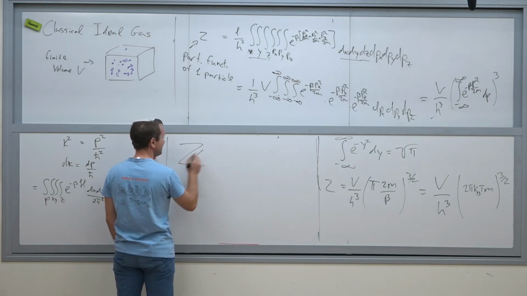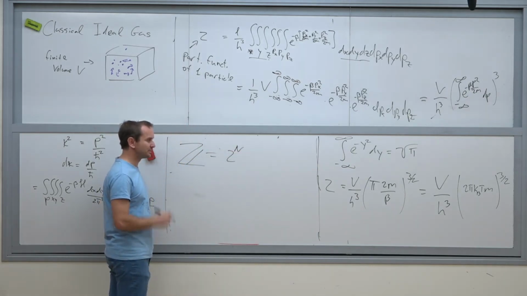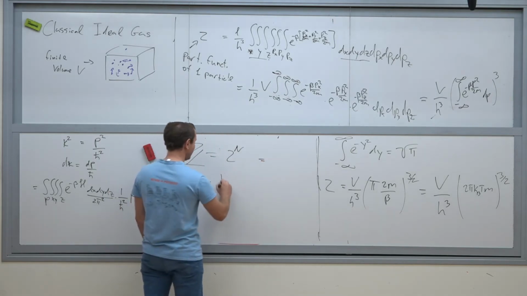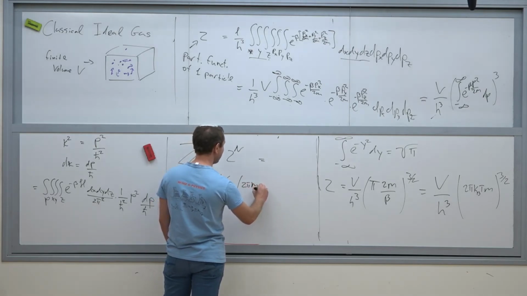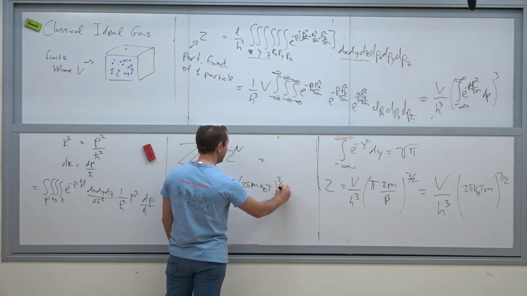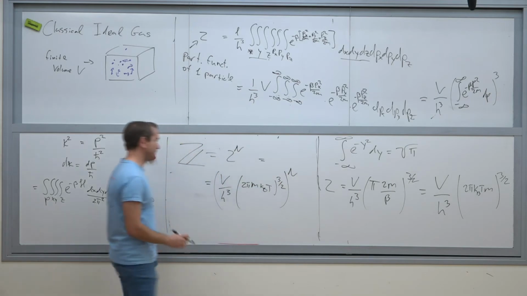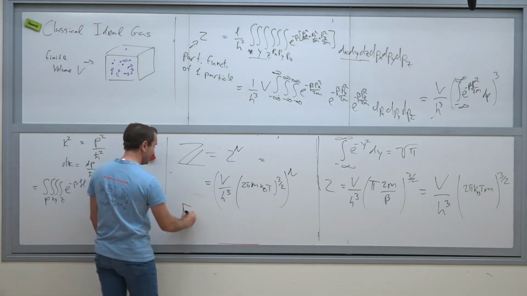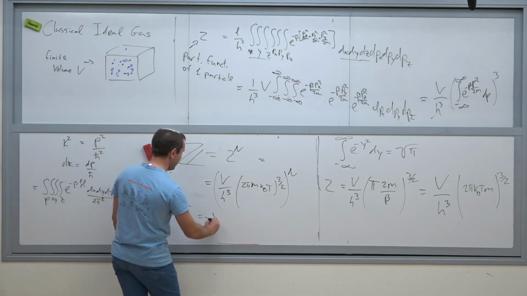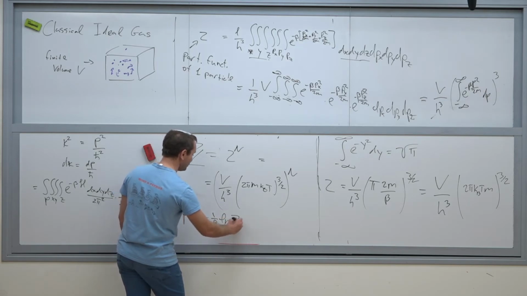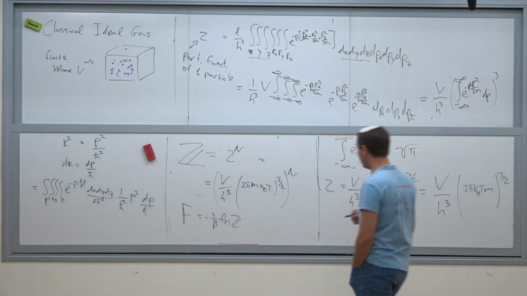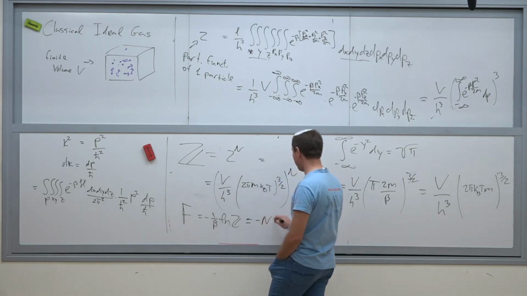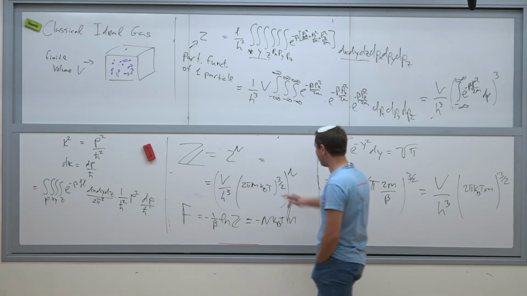The partition function Z is equal to z to the power of N, where N is the number of particles, which is simply (V divided by h cubed (2π m k_B T)^{3/2}) to the power of N. The free energy F is minus 1 over beta log of Z. So it's simply minus N k_B T times the log of whatever stands inside.